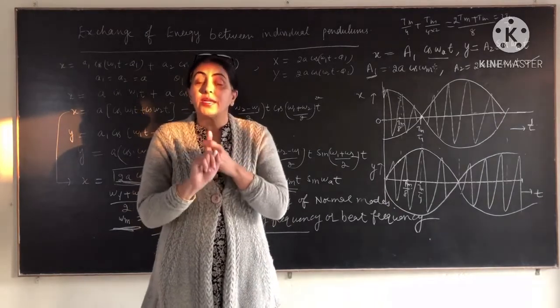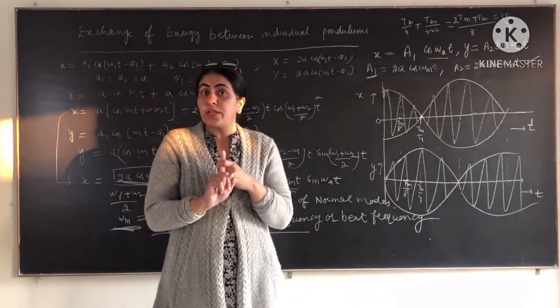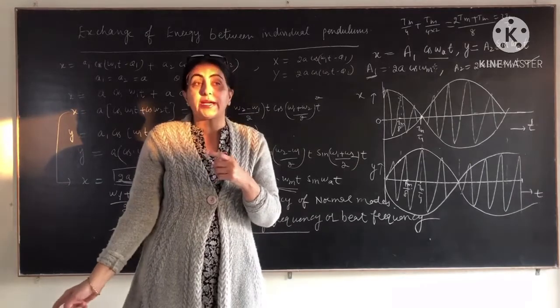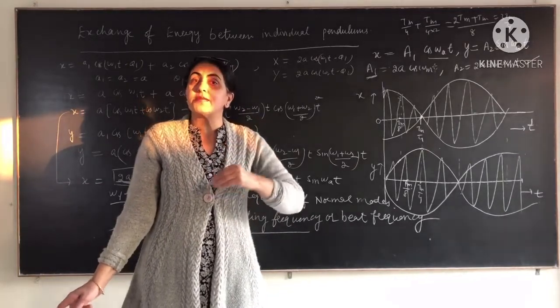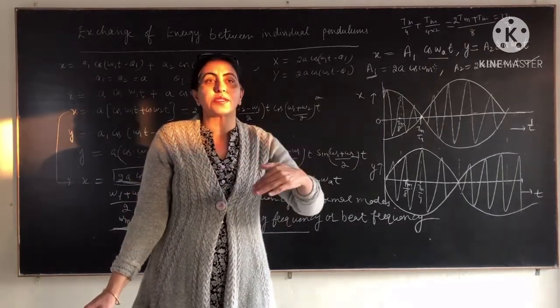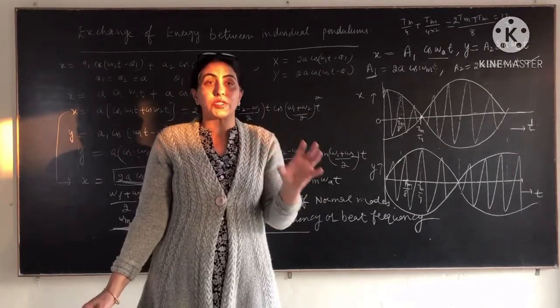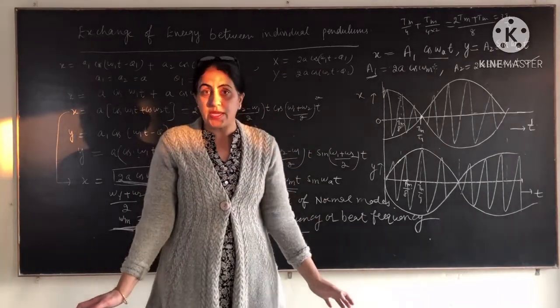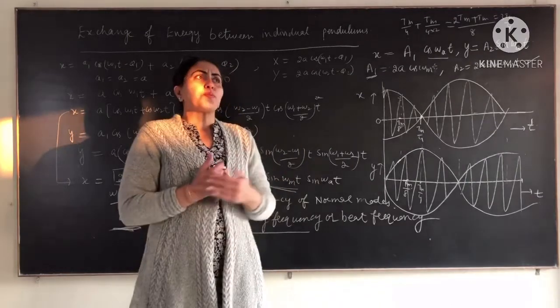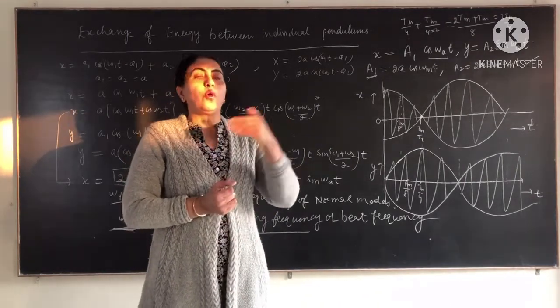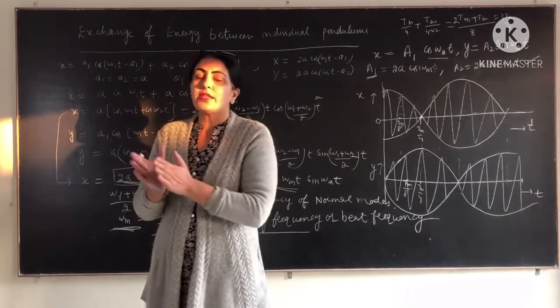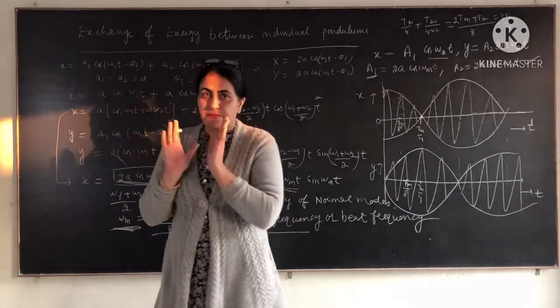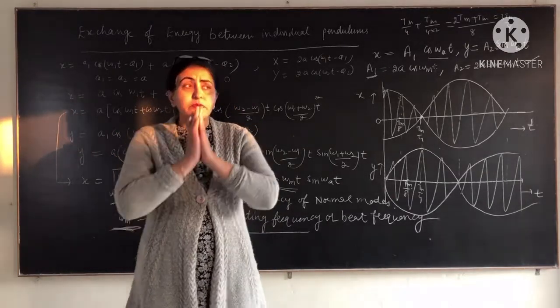I wrote in the previous lecture that the driving system and driven system in the coupled oscillator are indistinguishable. We can't distinguish between them. Clear? So first suppose that the whole of the energy is with the first pendulum, P1.